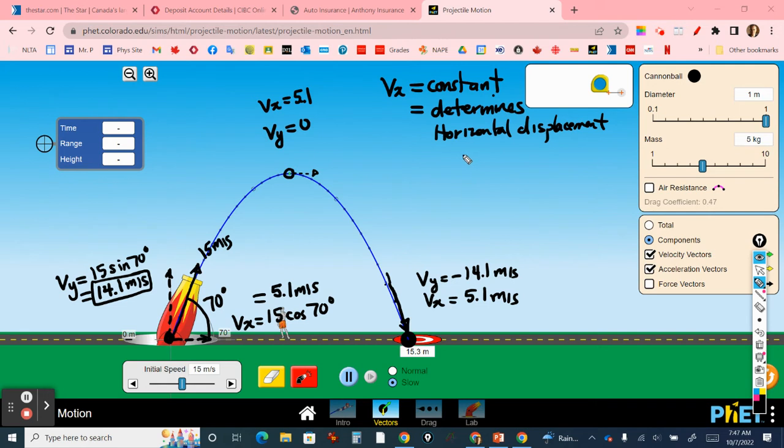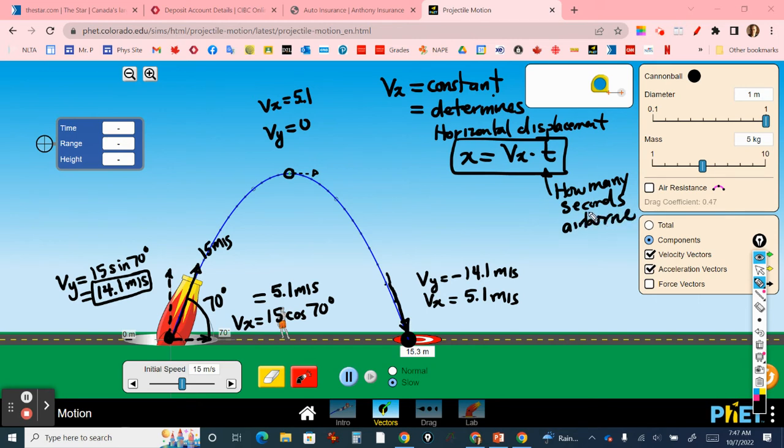What I mean is this. Your x is going to equal Vx times t, where the t is how many seconds it's airborne. How long is it in the air?